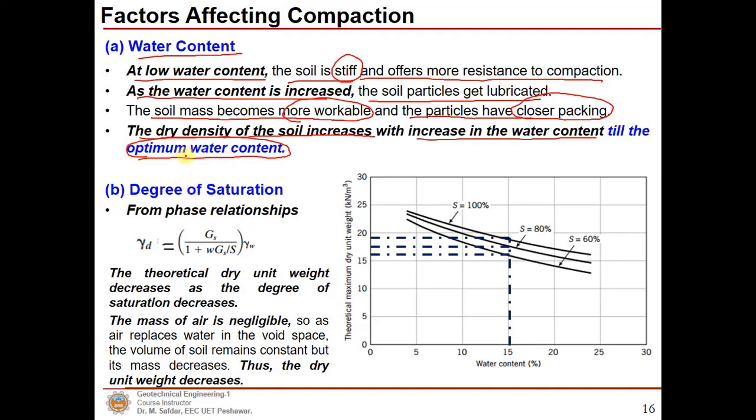As we discussed, that is the optimum in the compaction curve. Now the degree of saturation: we can draw the zero air voids curve, and the theoretical dry unit weight decreases as the degree of saturation increases. The mass of air is negligible, so as the air replaces water in the void space, the volume of soil remains constant but its mass decreases, thus the dry unit weight.